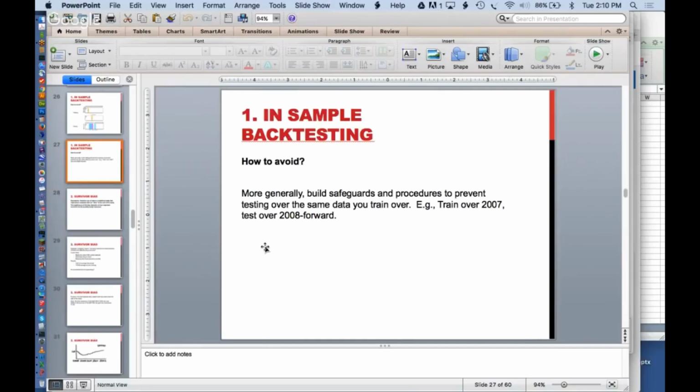So an additional form of roll forward validation is when you're doing your initial testing, only work over some time period in history. Like, don't go past 2010. Do all the tweaking you want to over that period, find the best model you can, then let it go forward and see how it works. And that's an important technique.